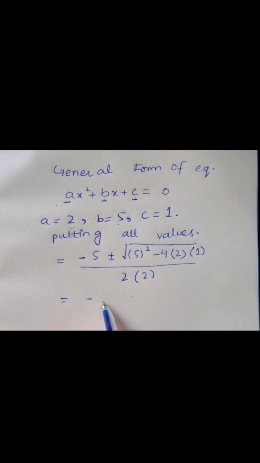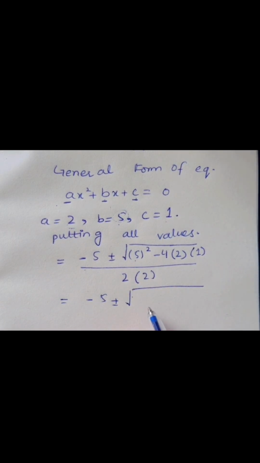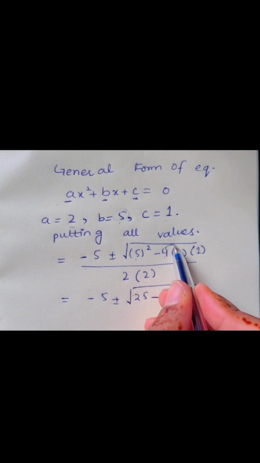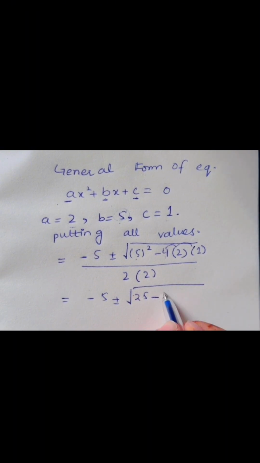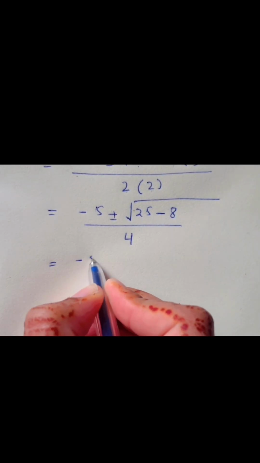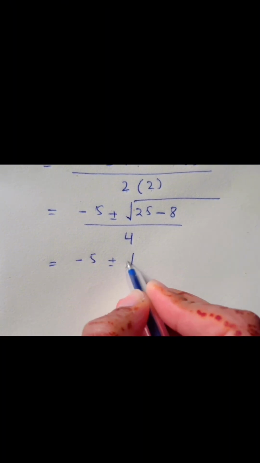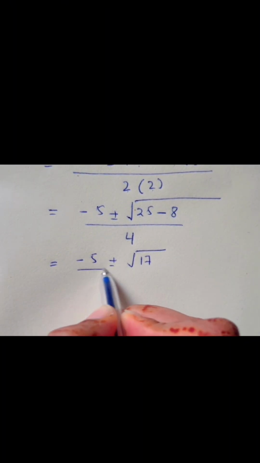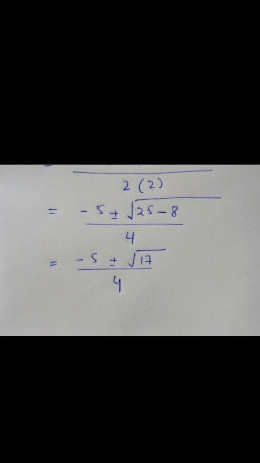Now let's solve it further. So we know that 5 square is equal to 25 minus 4 times 2 and then 2 times 1, which is equal to 8. So 2 times 2 is equal to 4. Then minus 5 plus minus, we will subtract 25 minus 8, which is equal to 17, divided by 4.